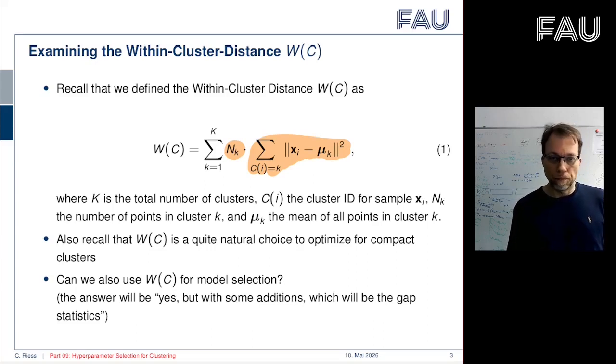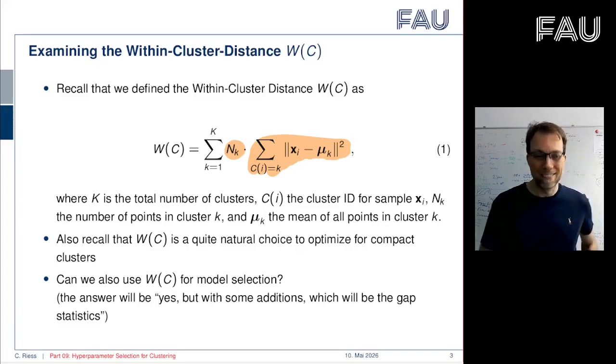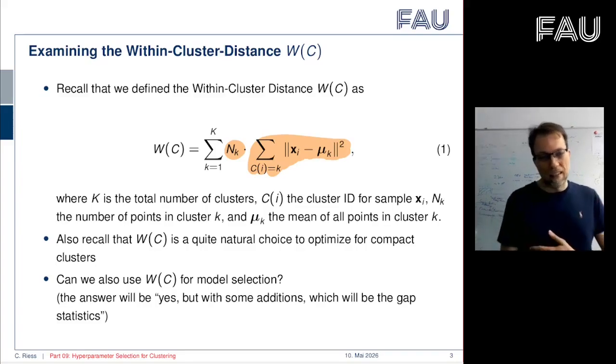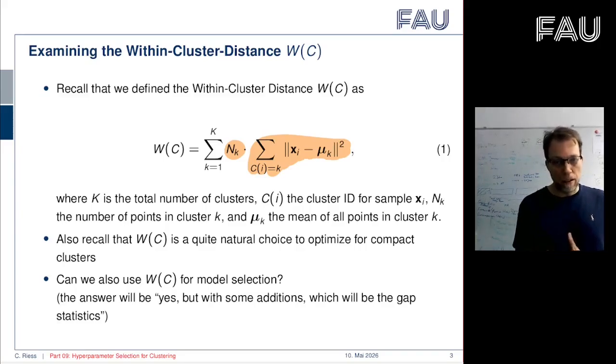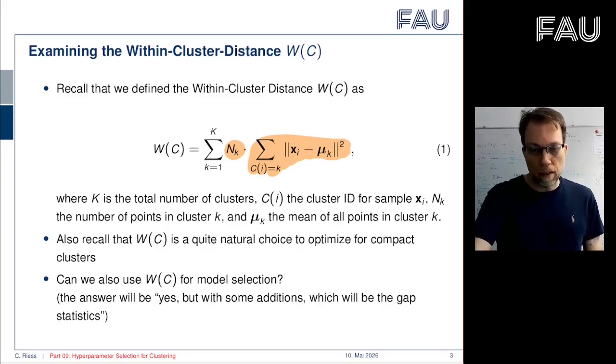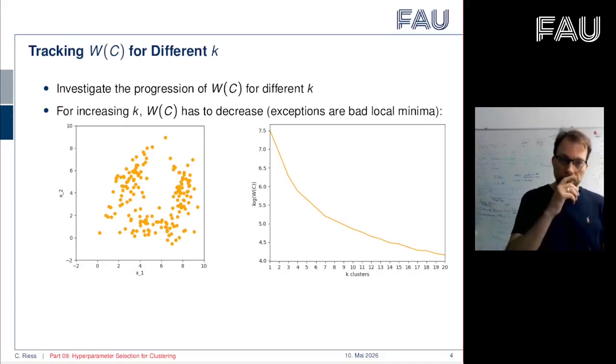So C_i is the cluster number for sample x_i, N_k the total number of points in cluster k, and mu_k the mean of all points in cluster k. Also recall that the within cluster distance is a quite natural choice to optimize for compact clusters. So that is the motivation, and we're now going to use it with the gap statistics for selecting the optimal k.